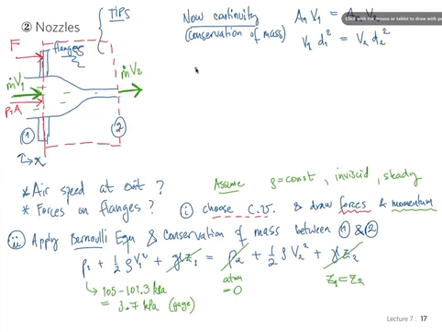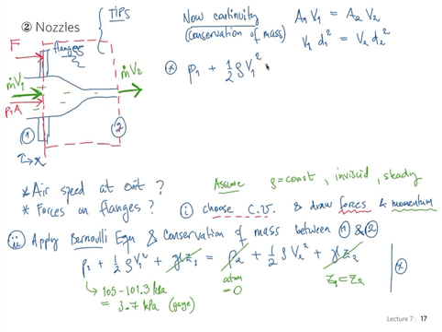I have, let me write this, P1 from here. This is from Bernoulli's equation. P1 plus 1/2 rho V1 squared equals 1/2 rho V2 squared.